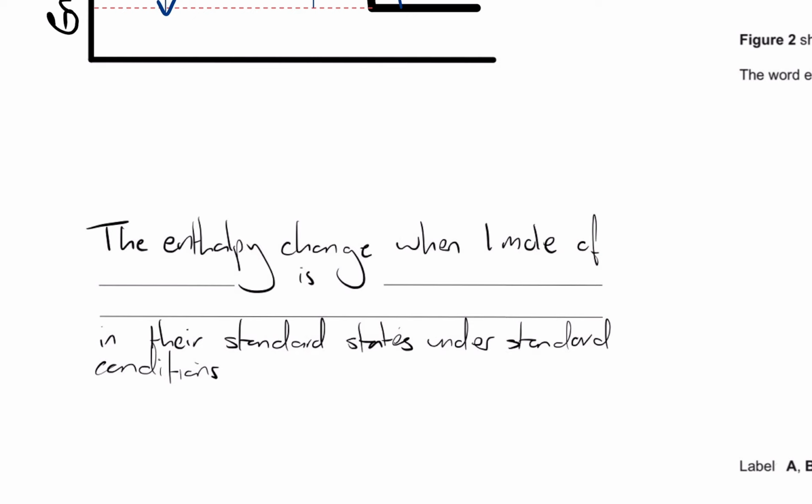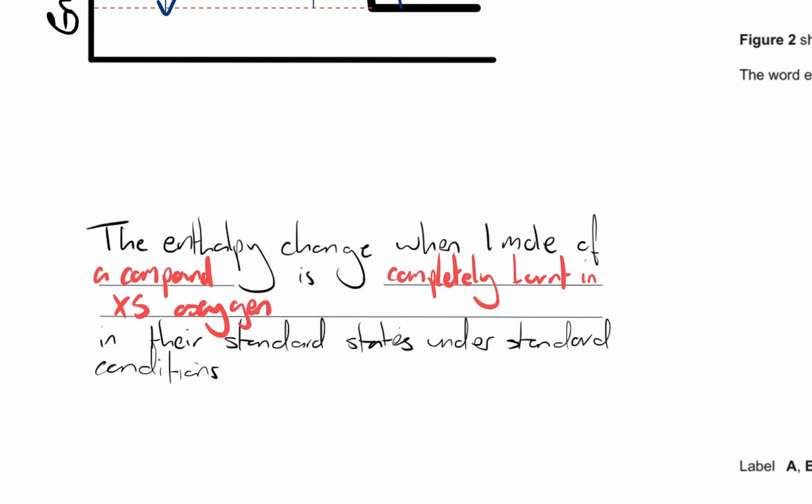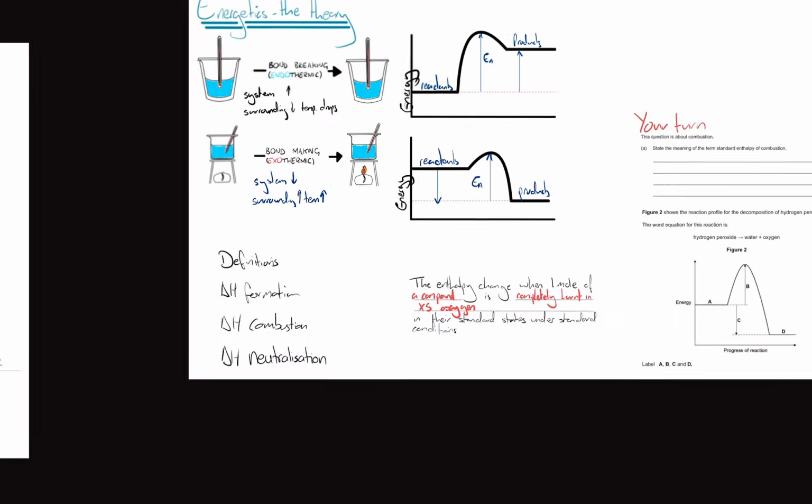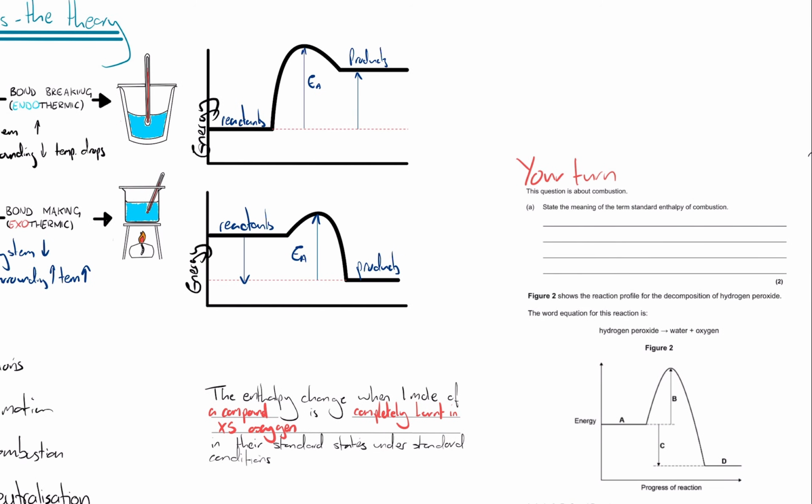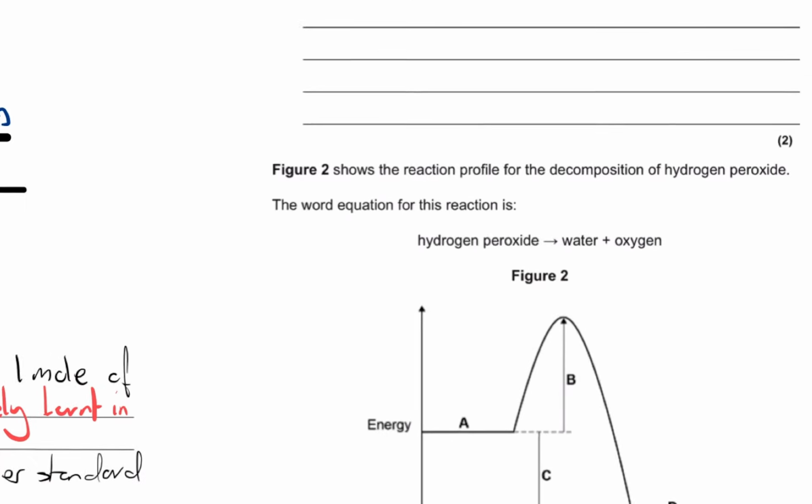So when 1 mole of a compound is completely burnt in excess oxygen, in standard states, understanding conditions, perfect. That's going to be your 2 marks there, okay? Always remember this scaffold. This is our start, and we use it wherever possible.